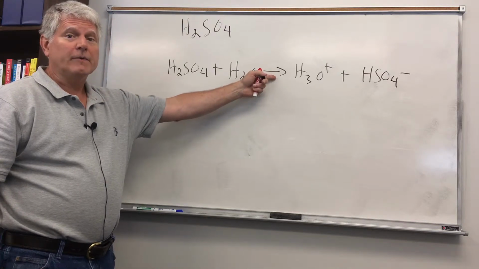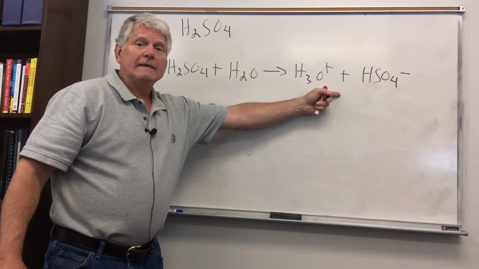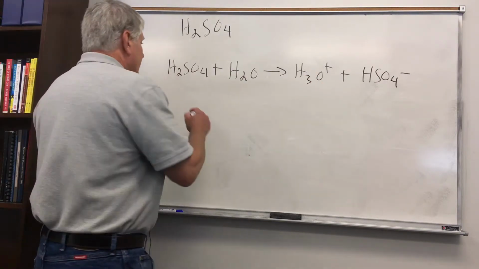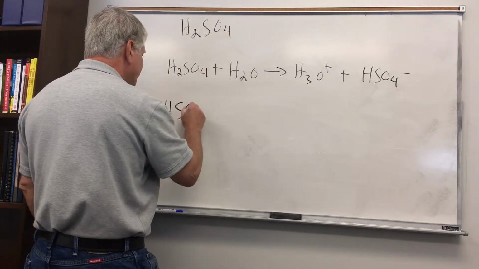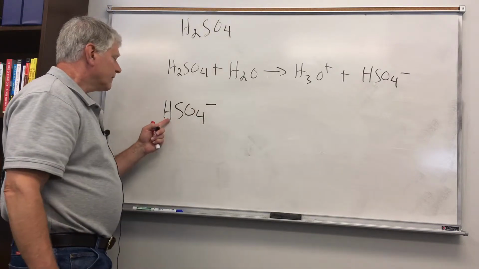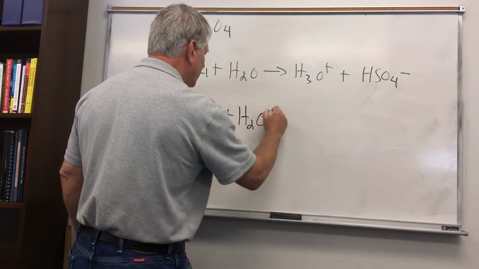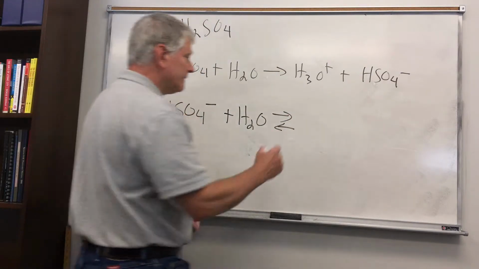This is not an equilibrium. H2SO4 for the first step is a strong acid, so it goes all the way to completion. Then the second step, HSO4-, so this proton can also be donated to water. Now this is an equilibrium because this is a weak acid.